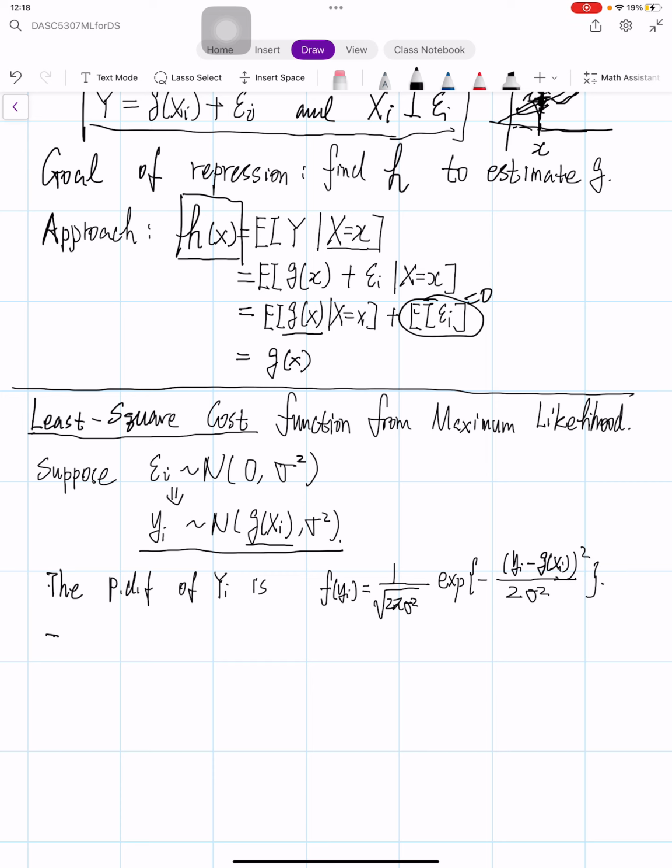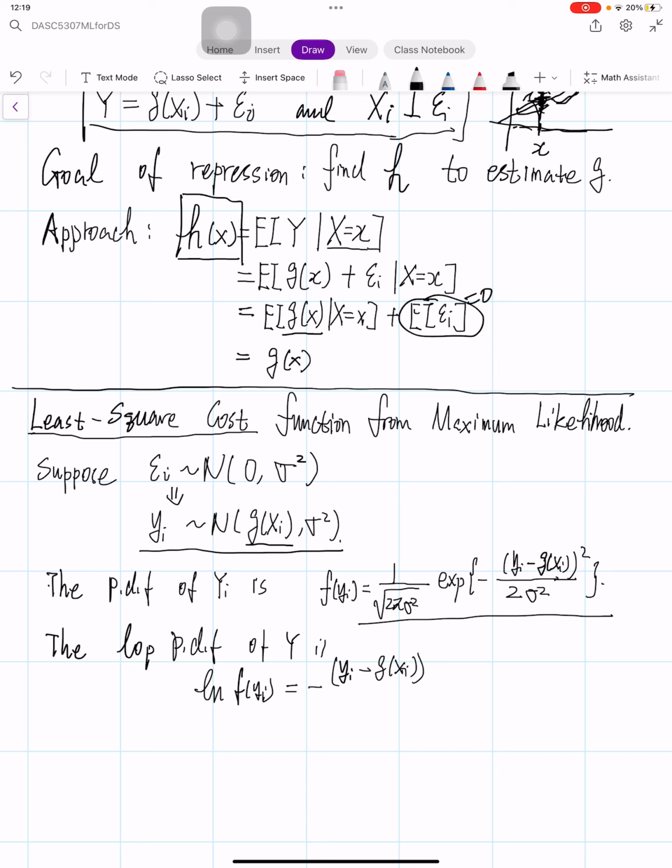Actually, the log PDF of yi, the natural log of f(yi), equals, if you take the log of this term, negative (yi minus g(xi)) squared over 2 sigma square, minus a constant.